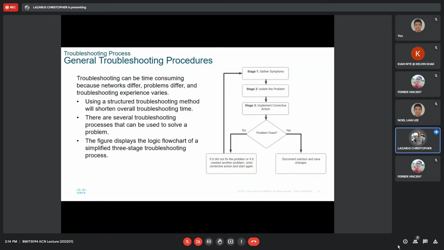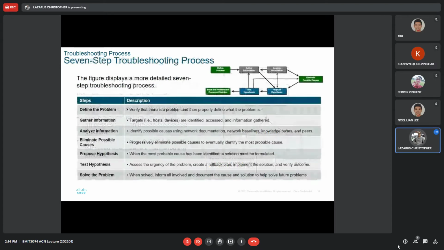Okay, so sometimes your fix may introduce a different type of problem, so you have to redo stages 1 to 3. Okay, and only stop when you get yes here, and then you document and save your changes. Right. So here are more detailed steps. Okay, and the flow chart is shown up here.